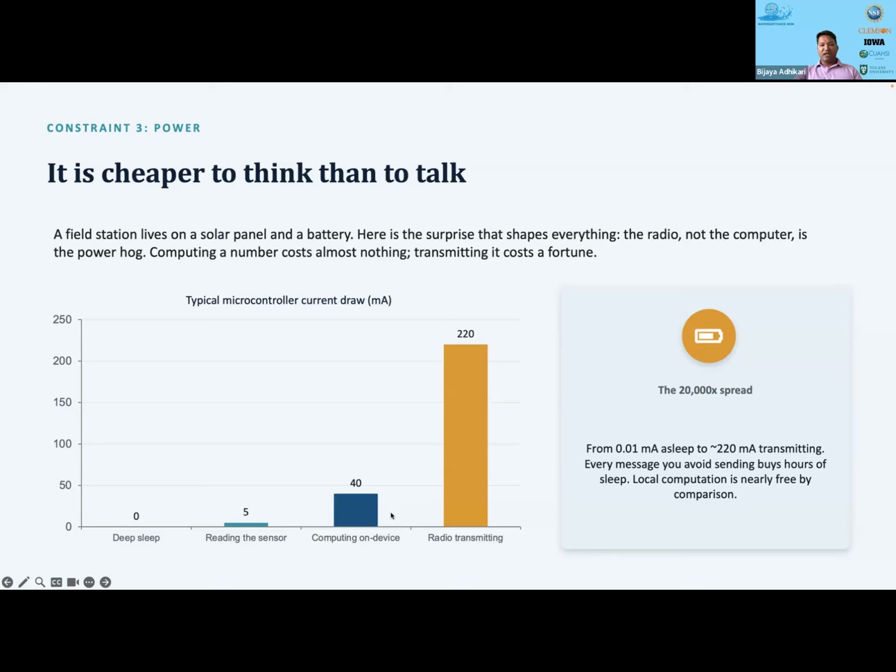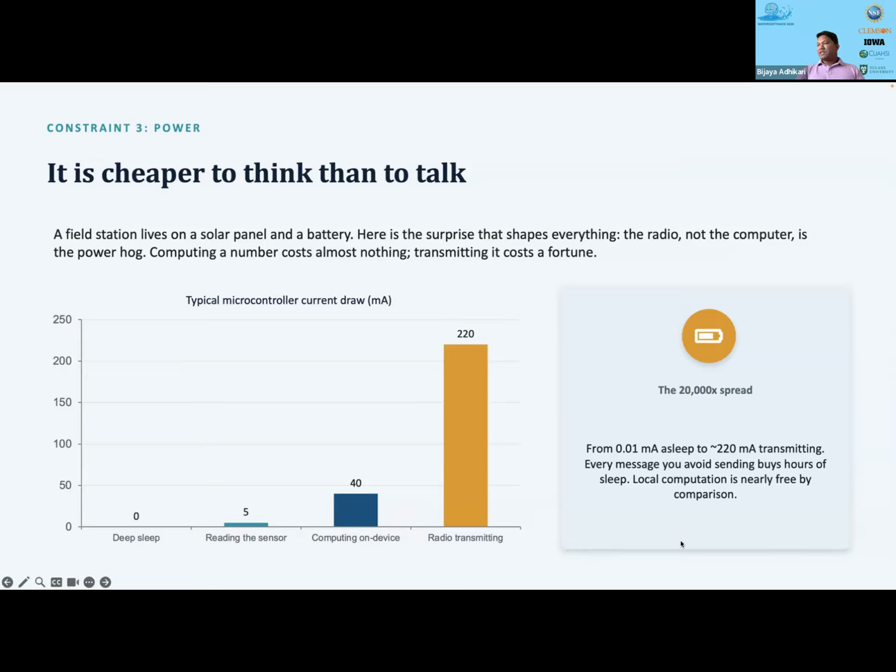So it's cheaper to think than to talk, in a sense, than to transmit blindly. And it kind of justifies everything that we do today, because the devices are there in the river and their core job is to send the data out. If you add computation on top of it, the most crucial bottleneck, which is the power, is not affected that much.